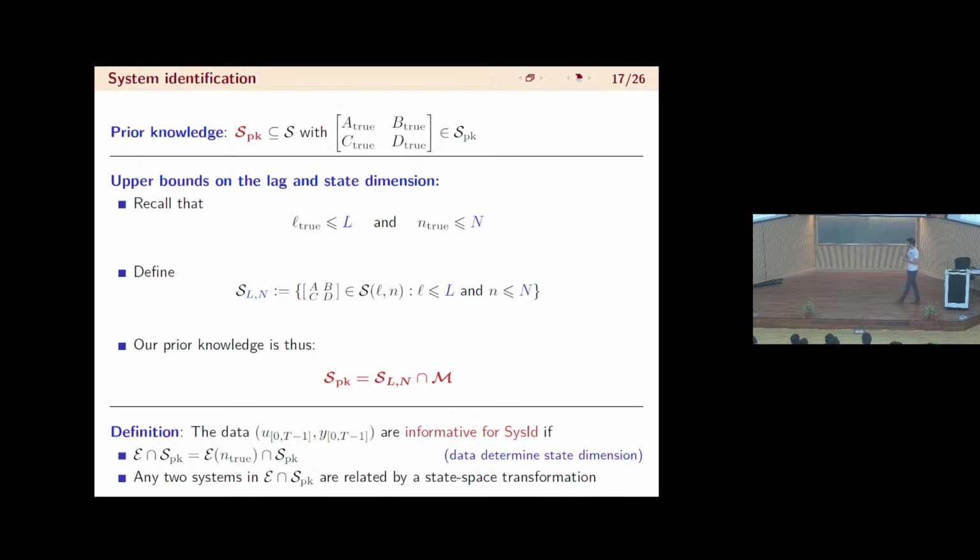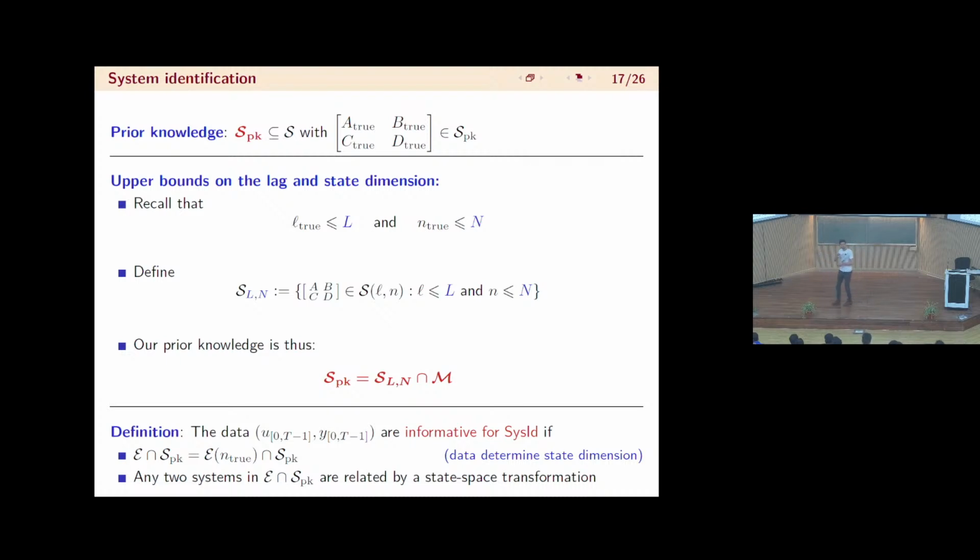The second property we need for the data to be informative for system identification is that any two systems that are explaining the data and satisfy our prior knowledge are related by a state space transformation. In other words, they're isomorphic. If these two properties hold, then we say the data are informative for system identification.